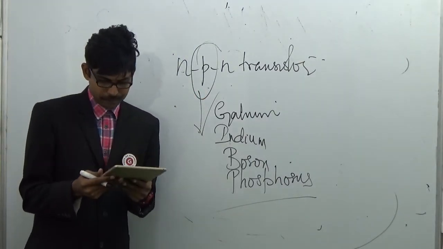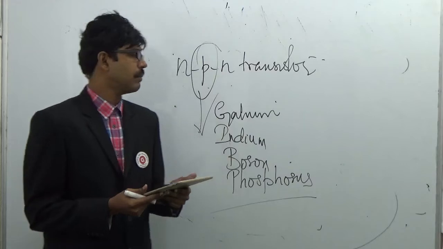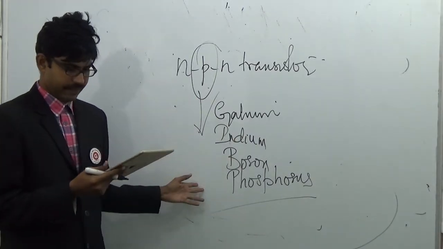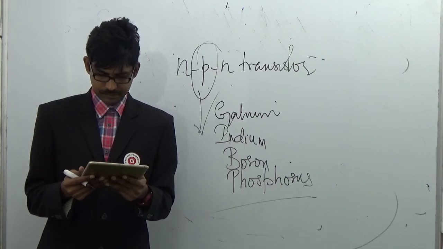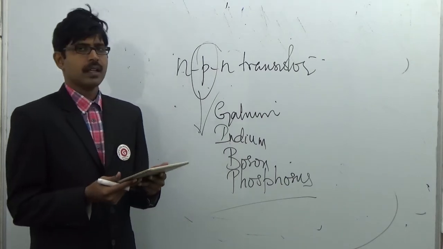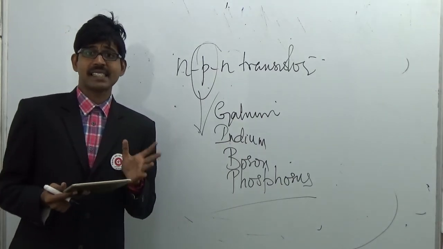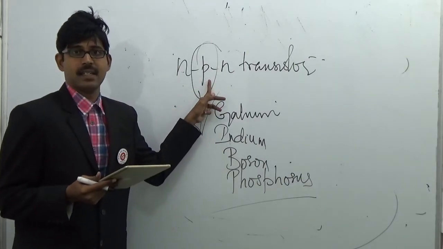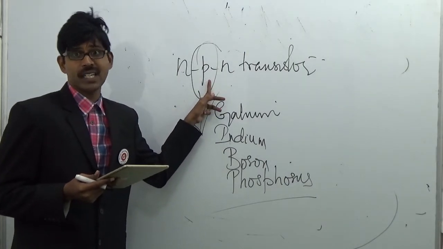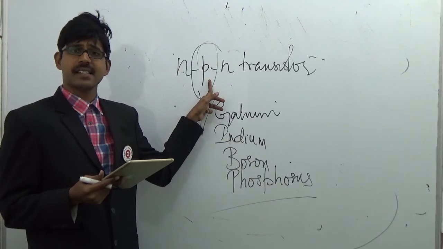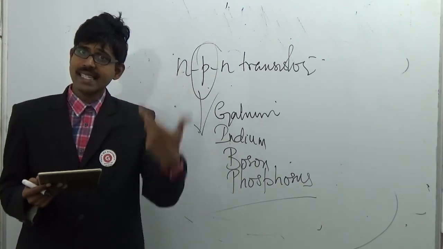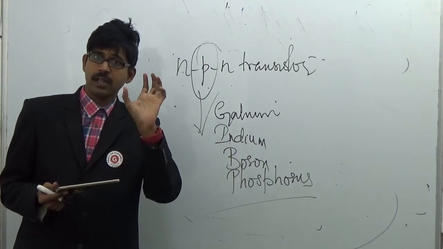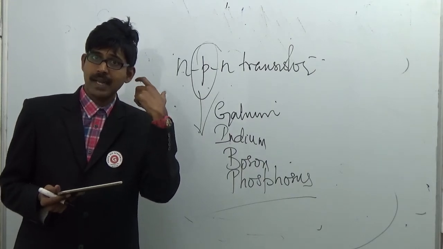Now, the material that is rich in electrons is phosphorus. The material that is rich in holes, I have given you a list, and in that list, boron is also one of the materials.